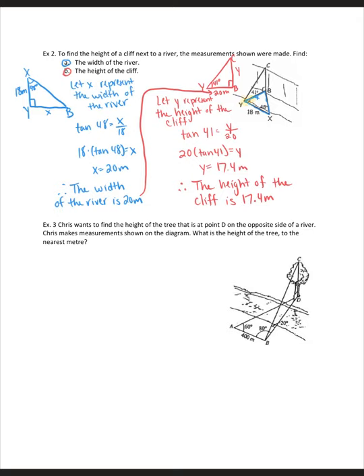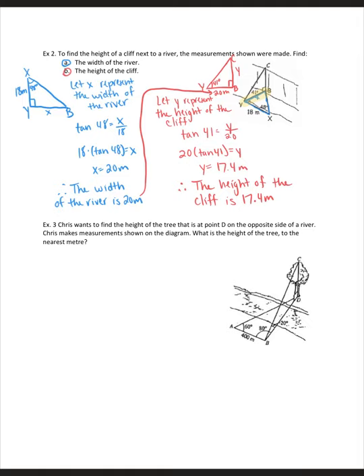If I highlight that on our drawing, you can see that that side length is shared on both of those triangles. When I draw that triangle and I'm trying to find the height of the cliff, we're letting y represent the height of the cliff. Again, we're going to use our tangent ratio, and we should find that the height of the cliff is 17.4 meters.